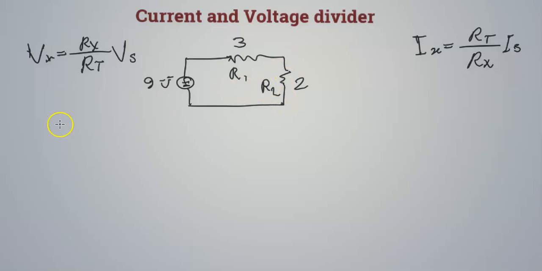so this is R2, we use this equation as R2 over the total, because these are in series, we simply can add them together and say R1 plus R2, times the voltage source.